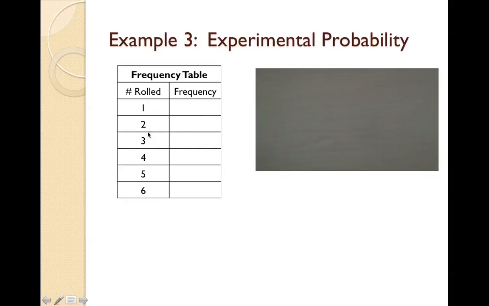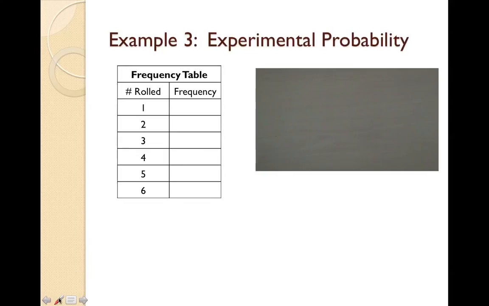So we have listed here all of the different possible outcomes that we could get from this experiment, 1 through 6, rolling a die. And then here you would put what the actual outcomes are. This is called the frequency, and so usually you start with just a tick mark to keep track, and then once you're done you count up all of the results and give it an actual number.